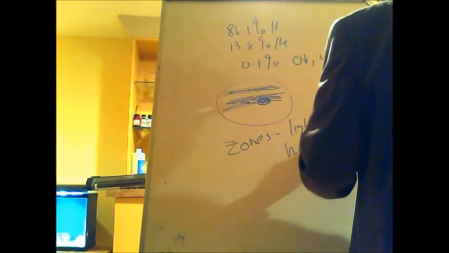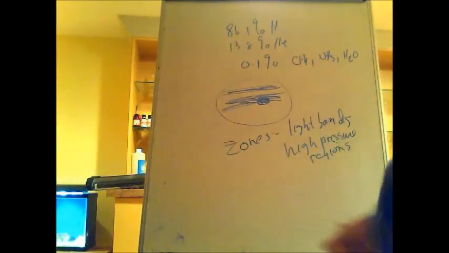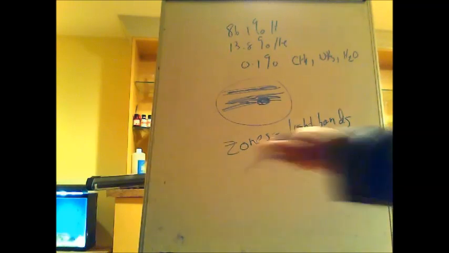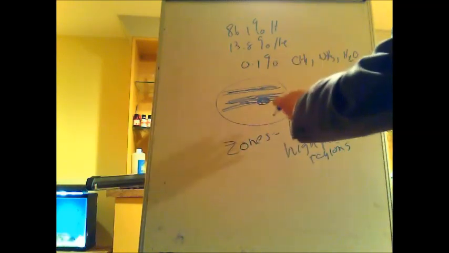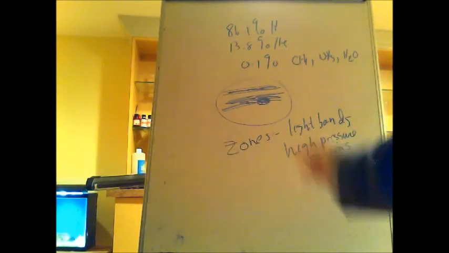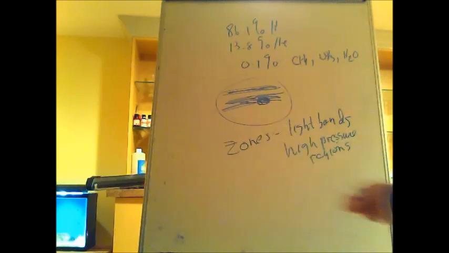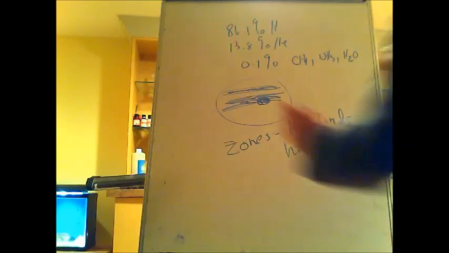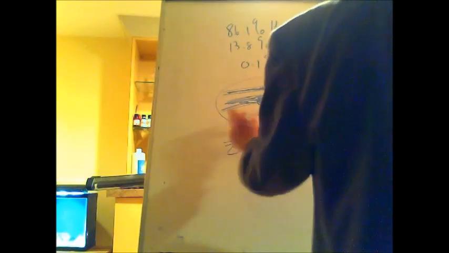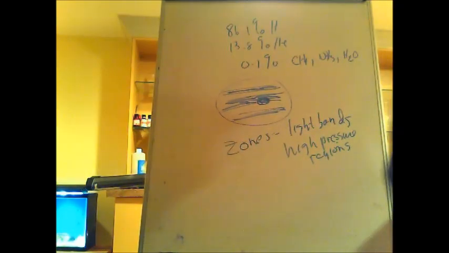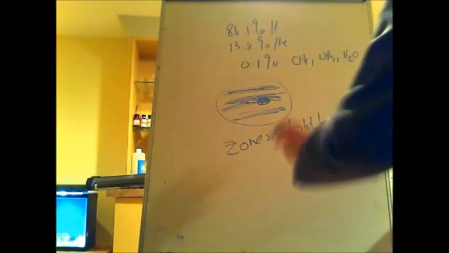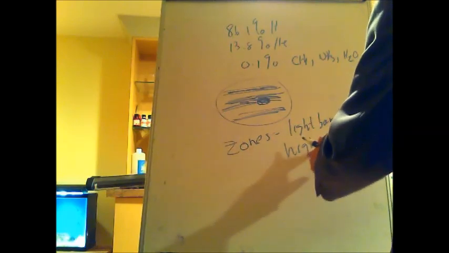So Jupiter has weather patterns, just like you would expect, where you've got pressure differentials. You're going to have winds. Of course, the winds on Jupiter are much stronger than anything you would see on the face of the Earth. So we've got these light and dark bands. The light bands are the zones.